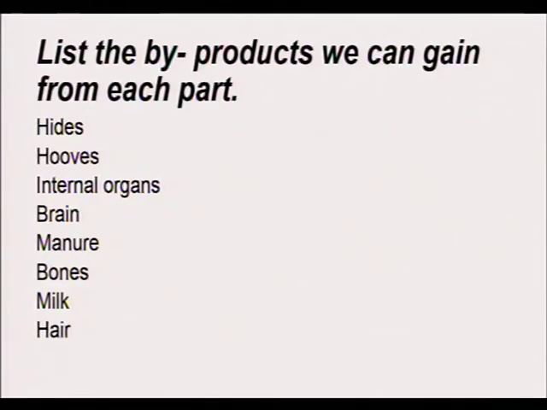List the byproducts we can gain from each part. You can have the hides. What are the byproducts? The hooves, the internal organs, the brain, manure, the bones, the milk, and the hair. Each one must have a byproduct.